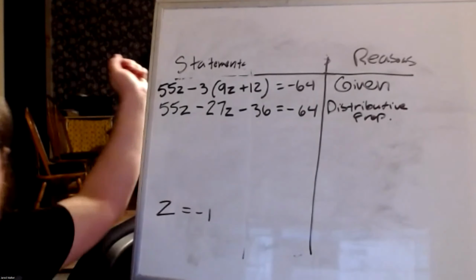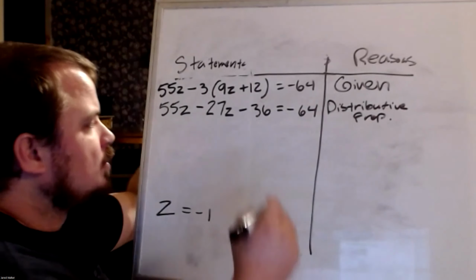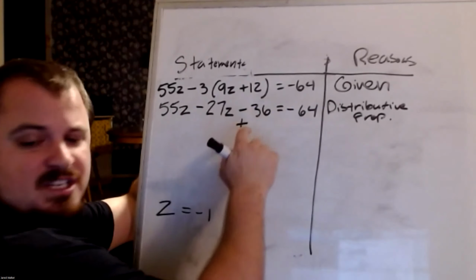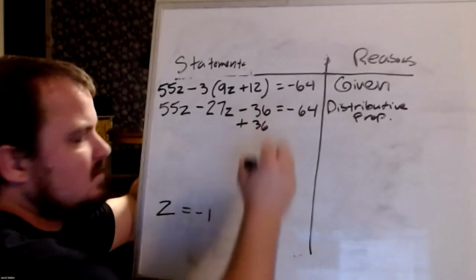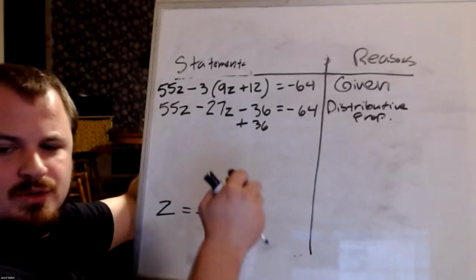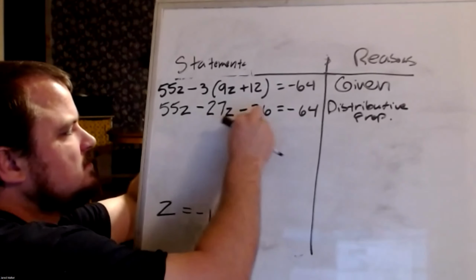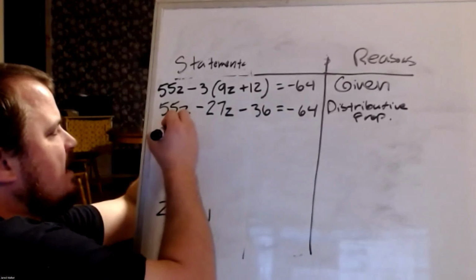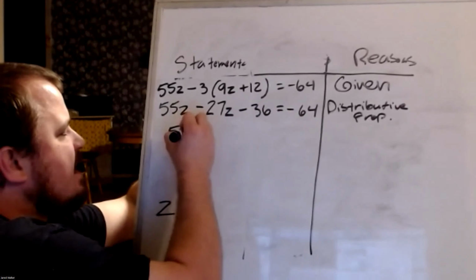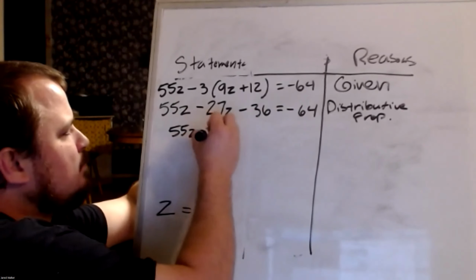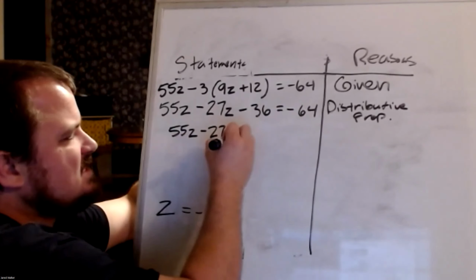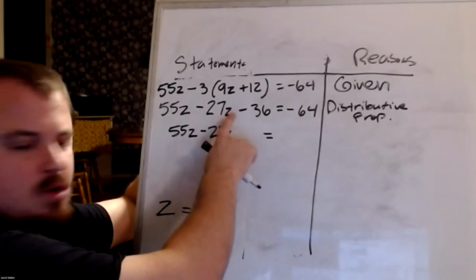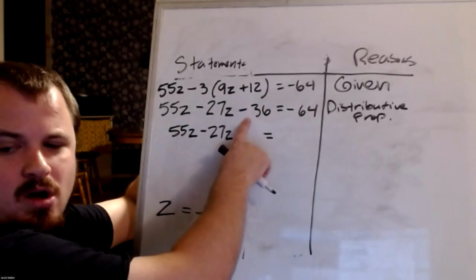Okay. What do we need to do next? We need to add 36 to both sides. But again, you don't need to write out what you did. So we'll have 55z minus 27z. And then what's going to happen is if you do plus 36, that's going to be gone.